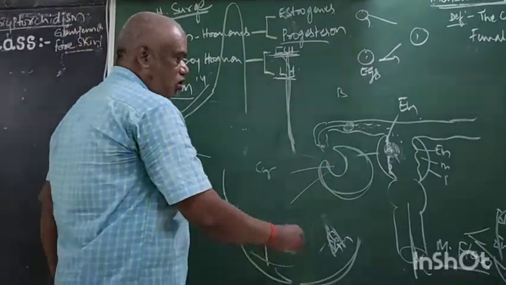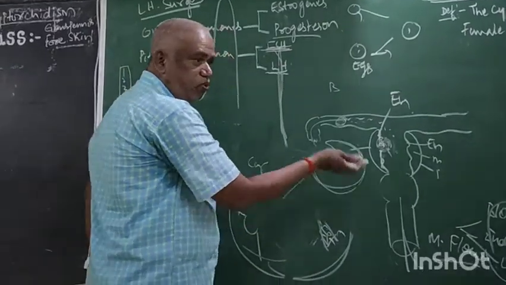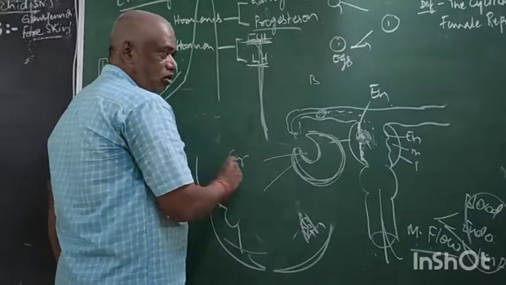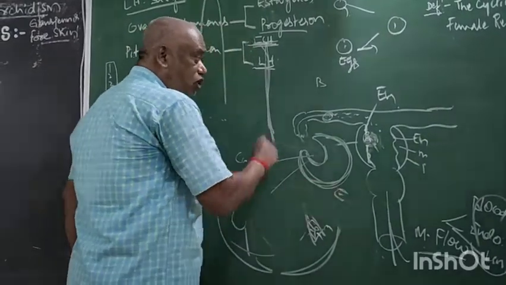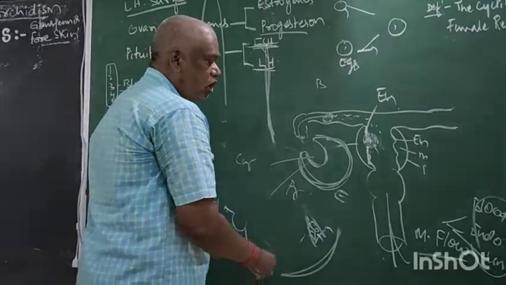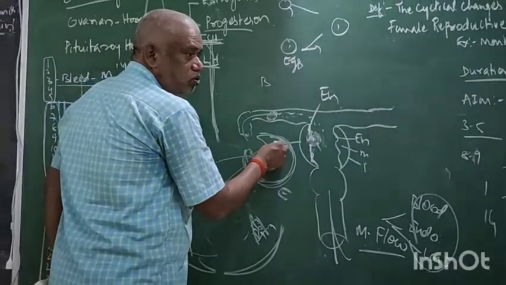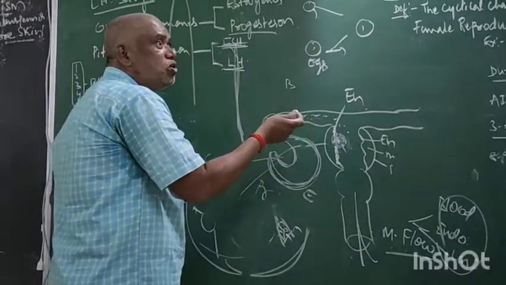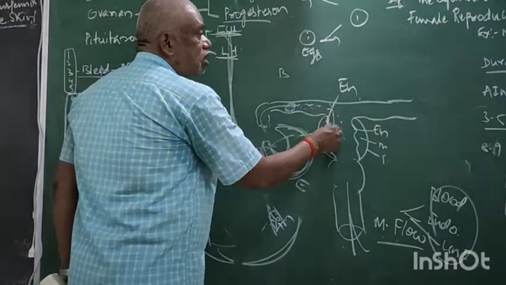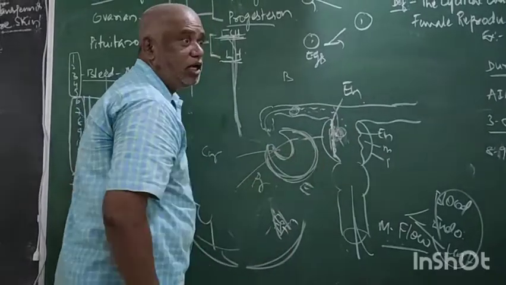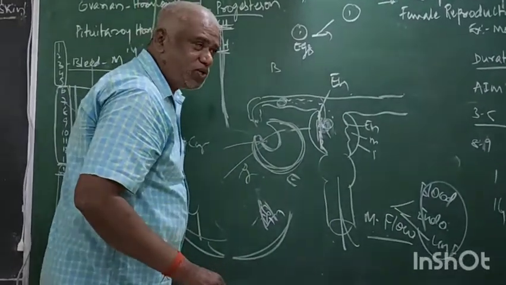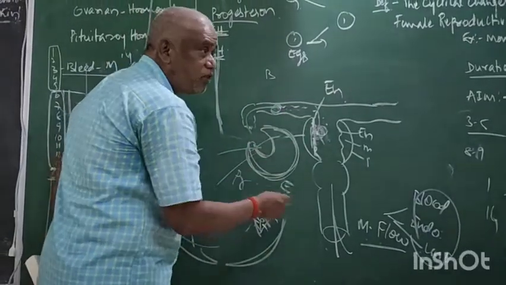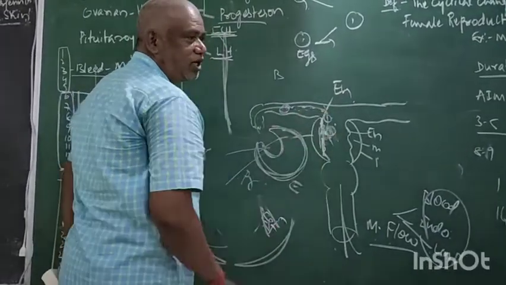That means before ovulation, estrogen. After ovulation, progesterone. This progesterone passes through blood and reaches the endometrium to give support to the endometrium for embryonic development.